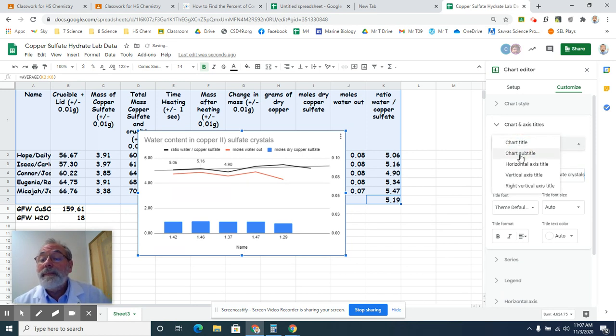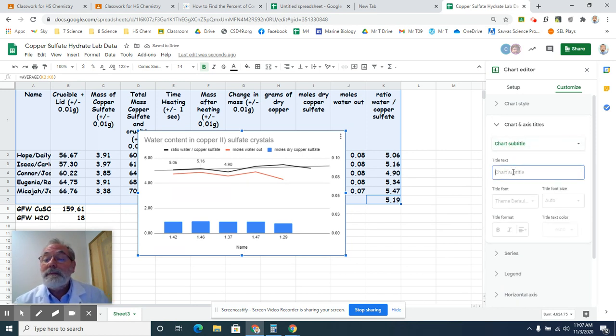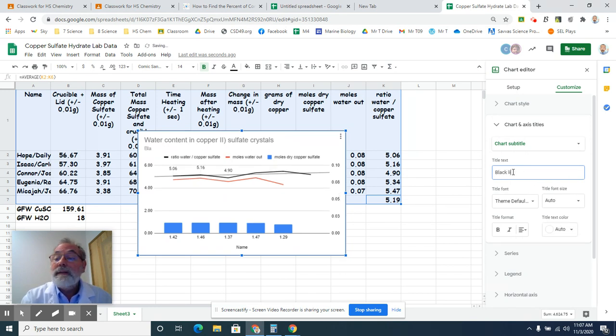Next, subtitle, black line indicates ratio of water to copper sulfate.